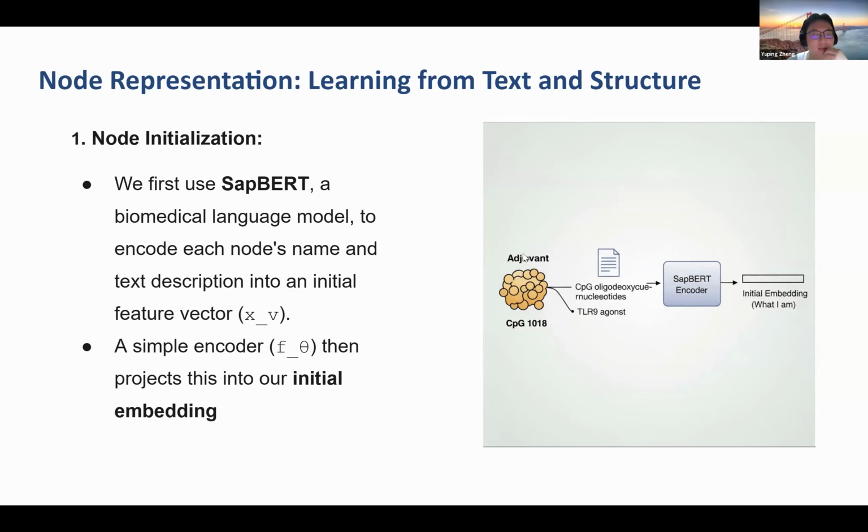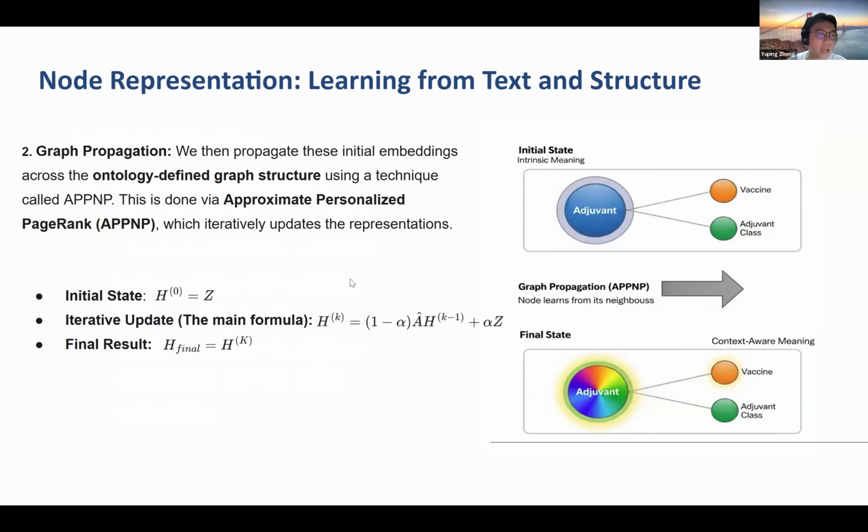The next is graph propagation, which is how the node learns from its neighbors. We're using a technique called approximate personalized PageRank. This algorithm is inspired by Google's PageRank technique, which is how Google back in 2010 recommended web pages to the user when the user was searching for information.